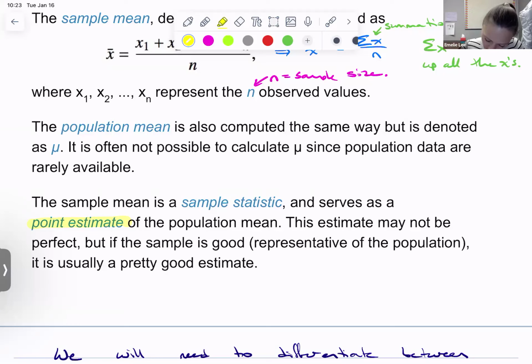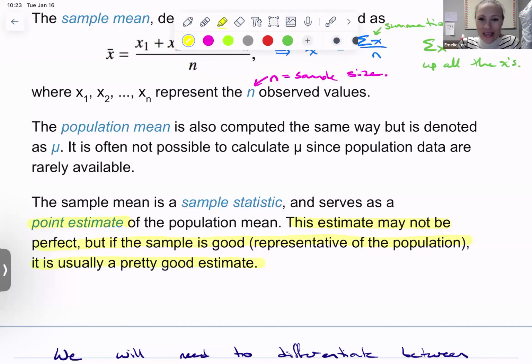We know that my sample mean is not going to be perfect. It's not going to be necessarily exactly like the population mean, but it should be pretty close. We expect it to be pretty close.